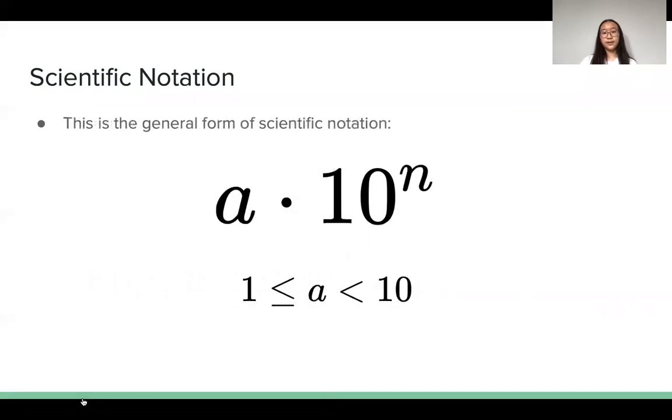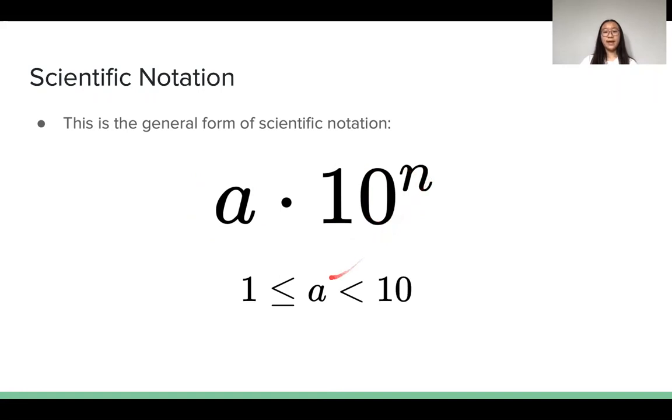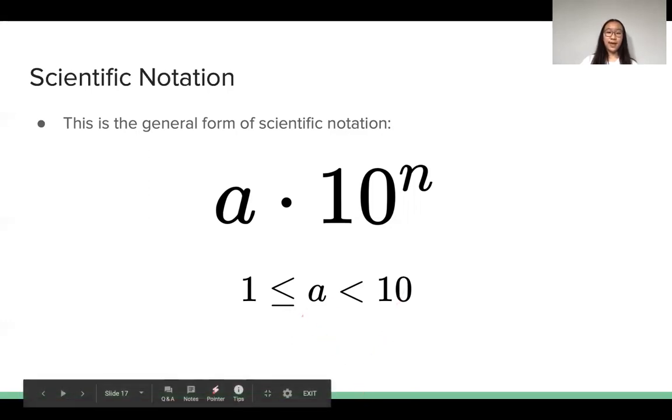So here's what scientific notation looks like. You have a number a times 10 to some exponent, and a has to be in between 1 and 10. So to give you an example, let's take the number 237 and convert it to scientific notation. So first we have to get a in between 1 and 10.